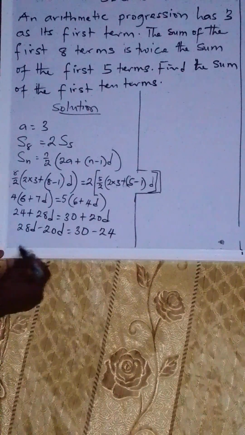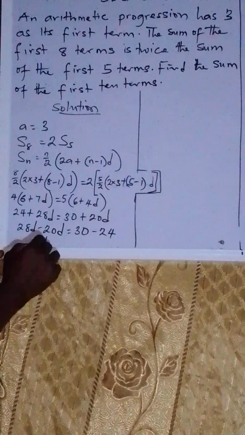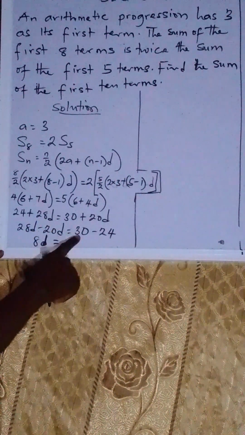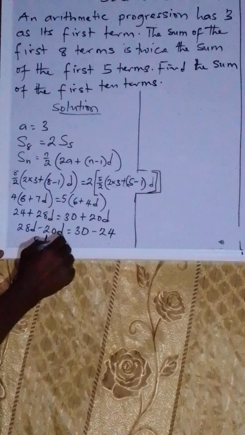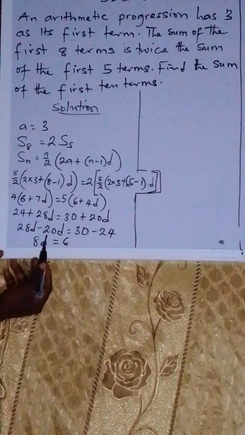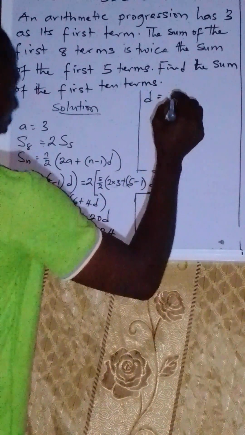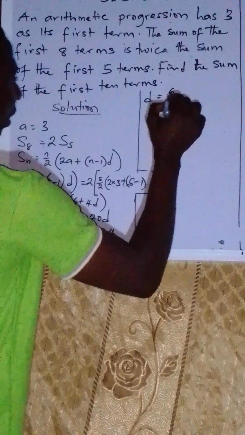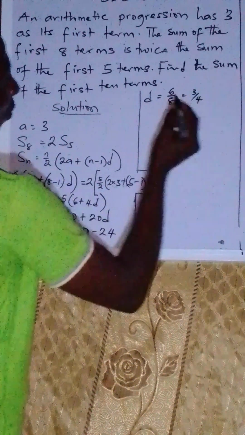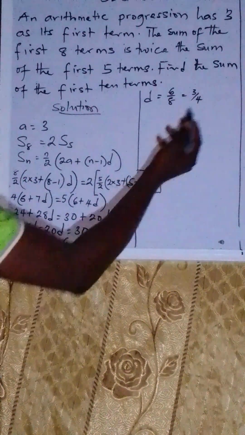Subtracting, we have 8d equals 30 minus 24, which is 6. Divide both sides by the coefficient of d, which is 8, so d equals 6 over 8, and that gives 3 over 4. Dividing by 2, we have 3 over 4. This is the common difference.